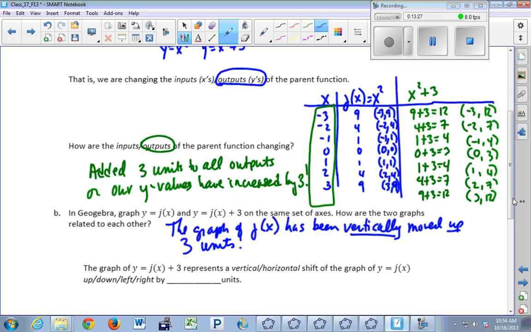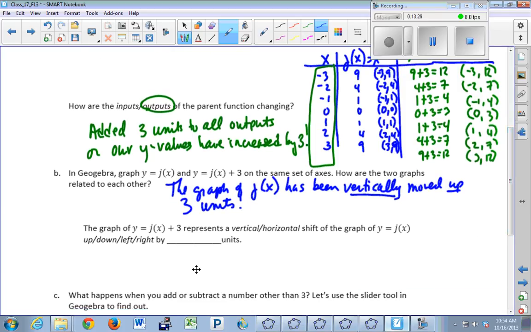So now we can fill in the circle and fill in the sentence here. The graph of y equals j of x plus 3 represents a, what do I circle? Vertical shift of the graph y equals j of x, up, down, left to right, up by 3 units.